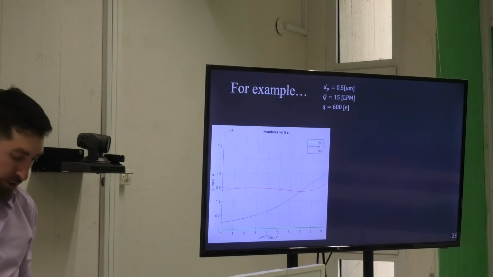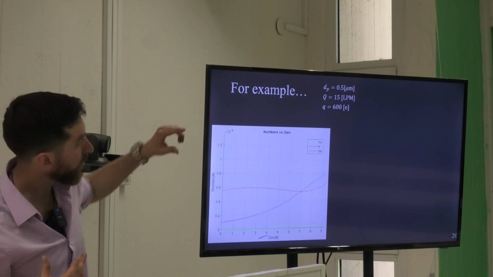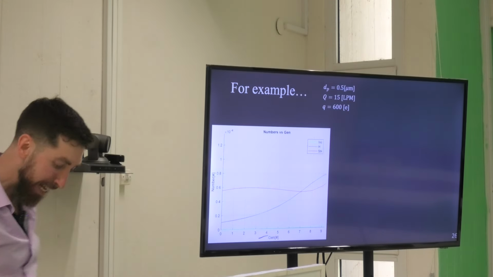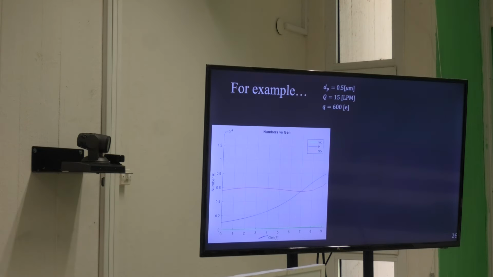And it's important to notice something that for me was really shocking at the beginning. What are the numbers here? 10 to the minus 4. That means that for most of the particles in the lungs, all these mechanisms are smaller than 1.